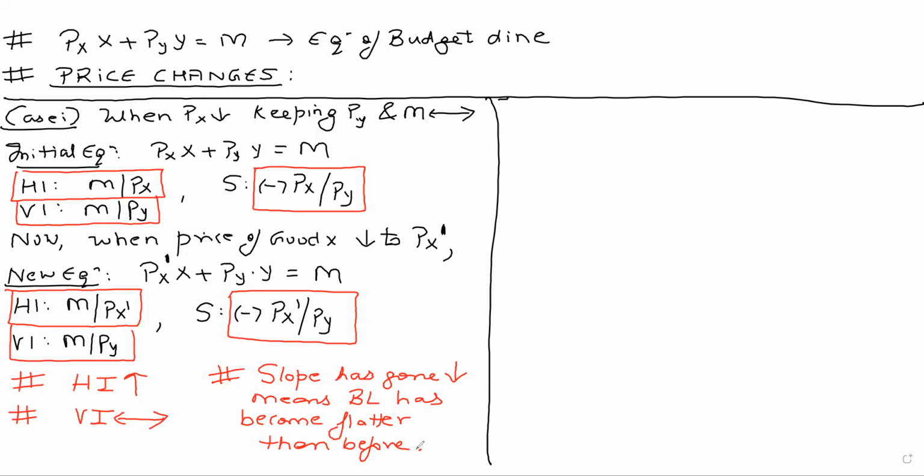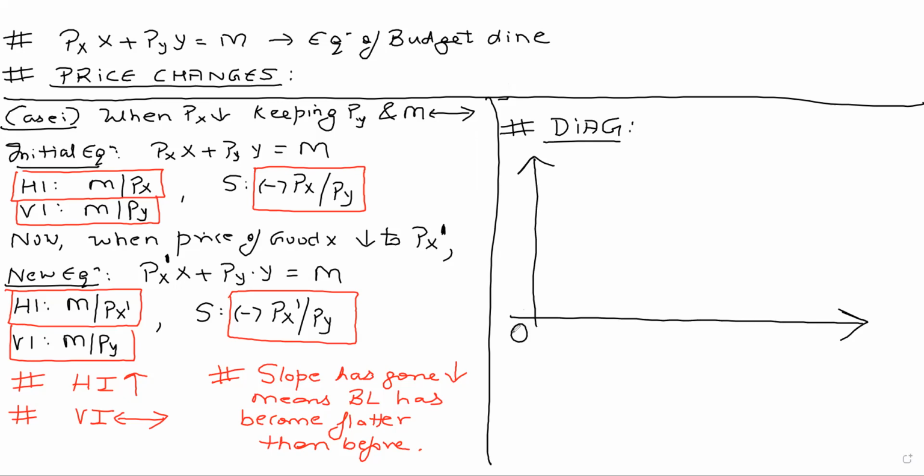Okay, so if you work out the diagram, you can see the diagram on your screens. We have good X on the horizontal axis, good Y on the vertical axis. This is my initial budget line.